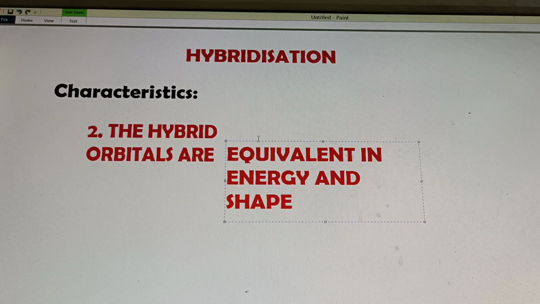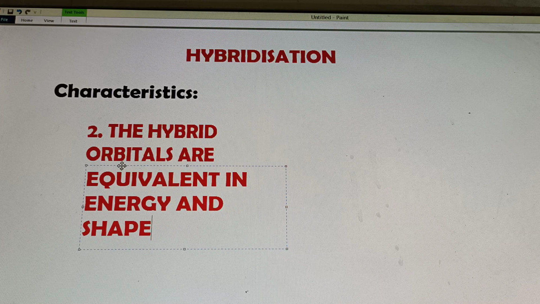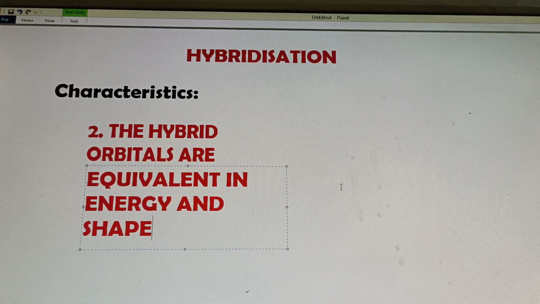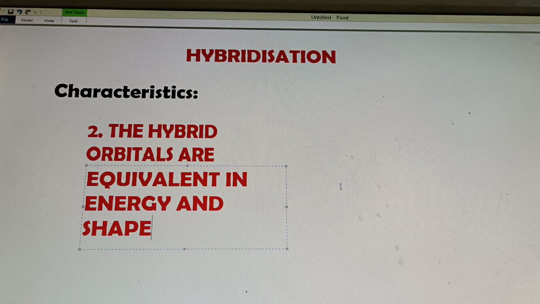Okay, the hybrid orbitals are equivalent in energy and shape. If one s and one p combine to give two sp orbitals, the sp orbitals formed after hybridization are always equivalent in energy, that is, the two sp orbitals will have the same energy, and the shape is also the same.